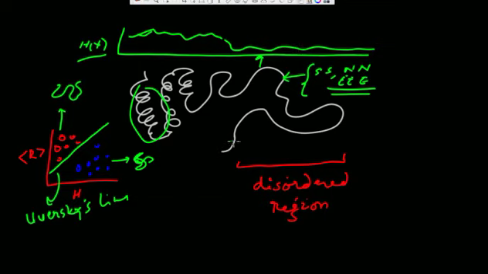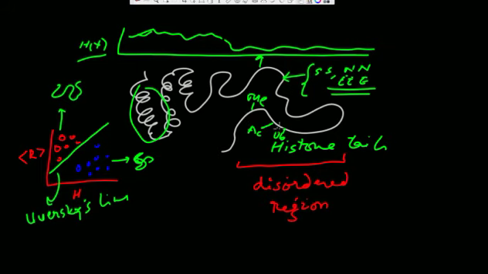Now one of the best examples of this disorder is your histone tails, right? Histone tails. So the N-terminal of histones are intrinsically disordered, and a lot of epigenetic modifications, post-translational modifications happen over there, which includes acetylation, your methylation, ubiquitination, and so on.